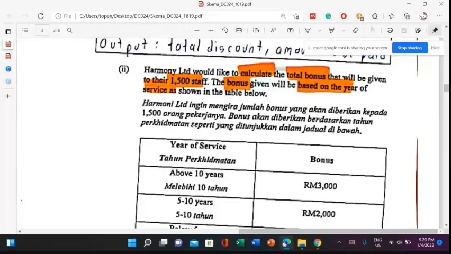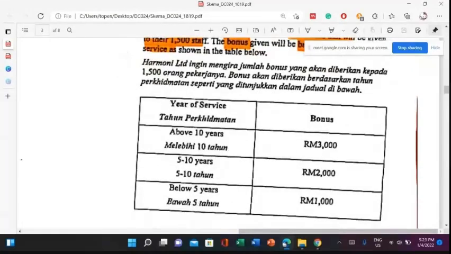Harmony Ltd would like to calculate the total bonus that will be given to their 1,500 staff. Okay, such a big number. So of course, this is a repetition control value. The bonus given will be based on the year of service as shown in the table below. So there is another keyword.